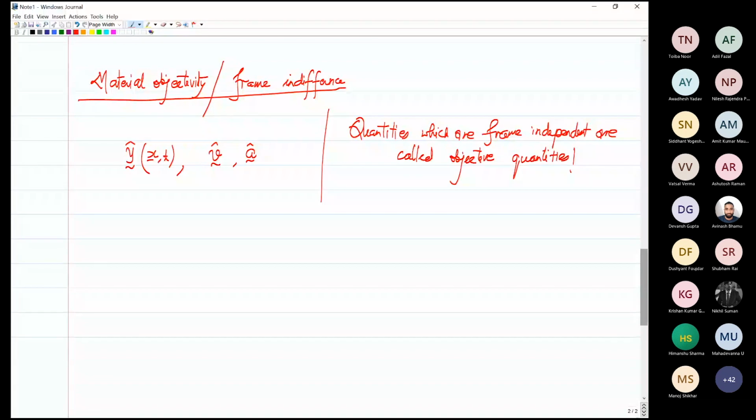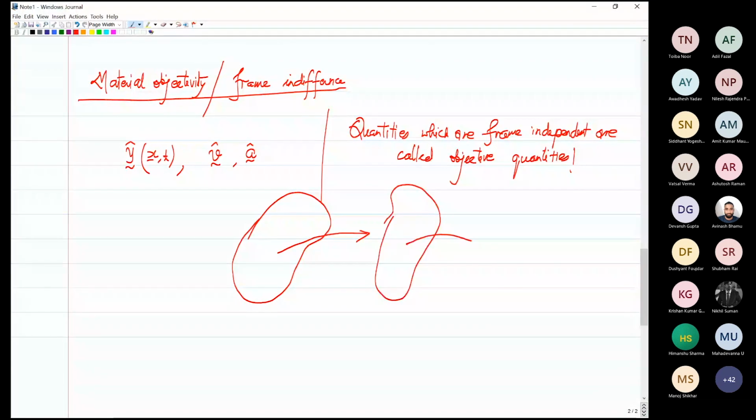Now you see, suppose you have this body which is undergoing some motion, and you might be observing it from two different frames, or you can observe from so many frames.